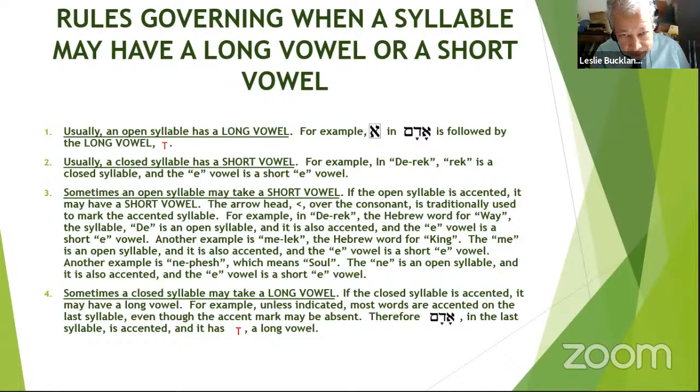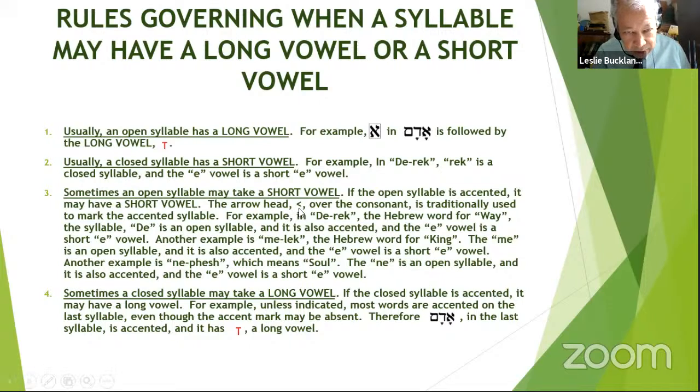So here it is. If the open syllable is accented, that is, it has the accent on it, it may have a short vowel. Let me repeat that. If the open syllable is accented, it may have a short vowel.